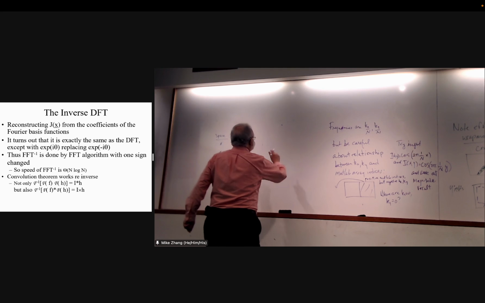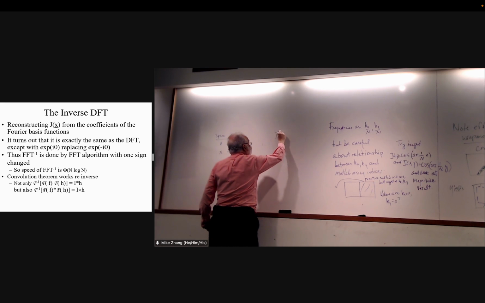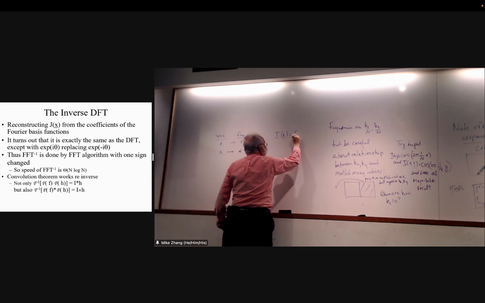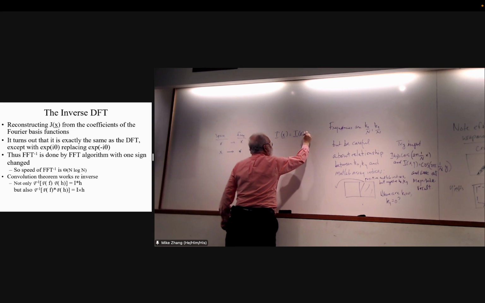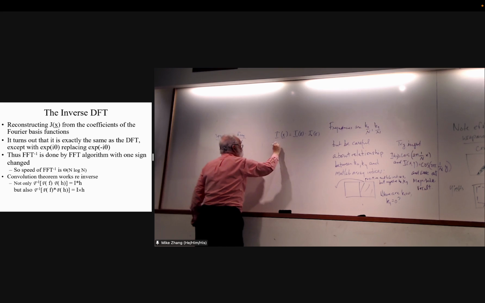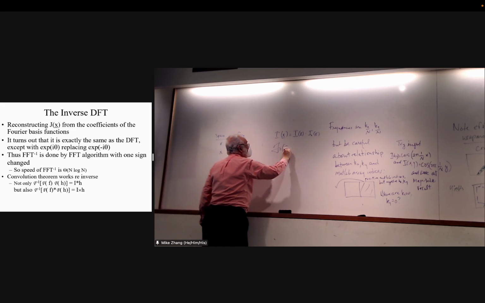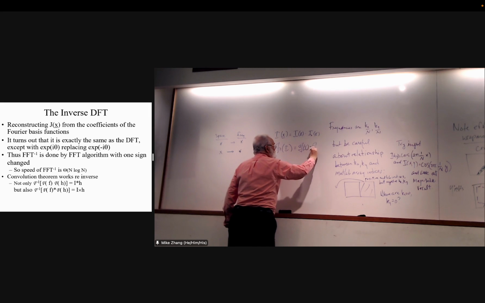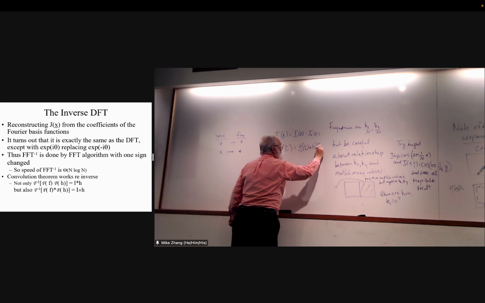So if I have an image I that is I1 times I2 of x, then the Fourier transform of I is the Fourier transform of I1 convolved with the Fourier transform of I2.